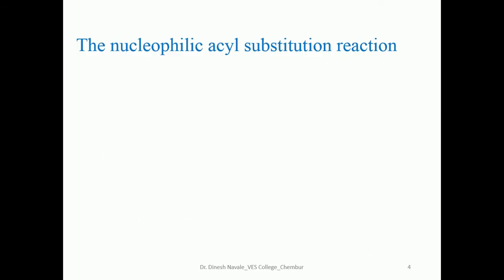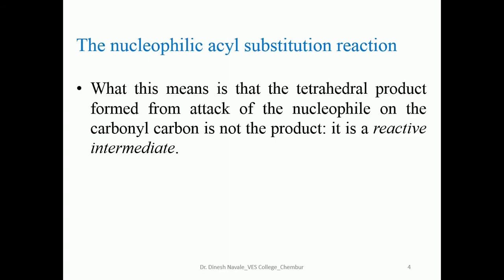So what exactly does nucleophilic acyl substitution reaction mean? This means the tetrahedral product formed from attack of the nucleophile on the carbonyl carbon is not the product, it is the reactive intermediate. When any nucleophilic substitution reaction is carried out across the carbonyl system, a tetrahedral intermediate is formed, and then that tetrahedral intermediate is converted into the product.